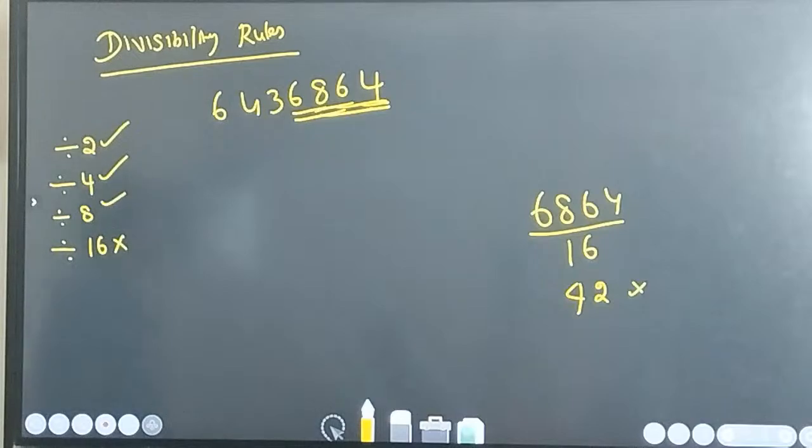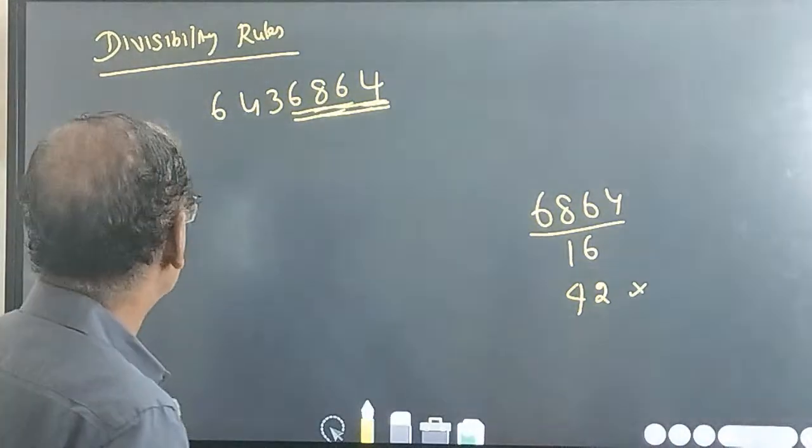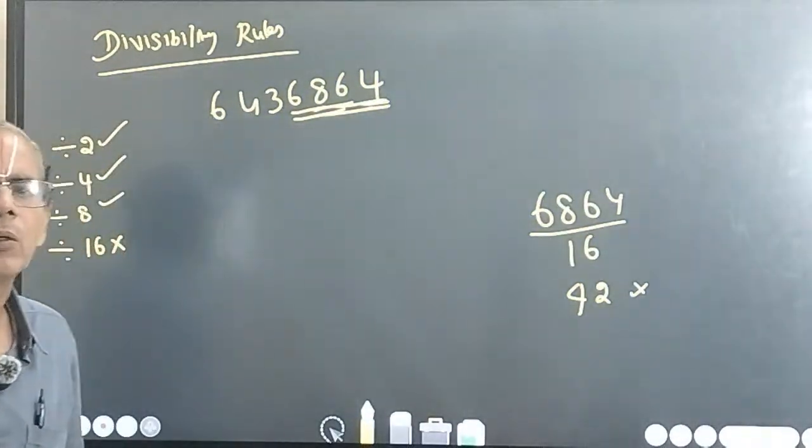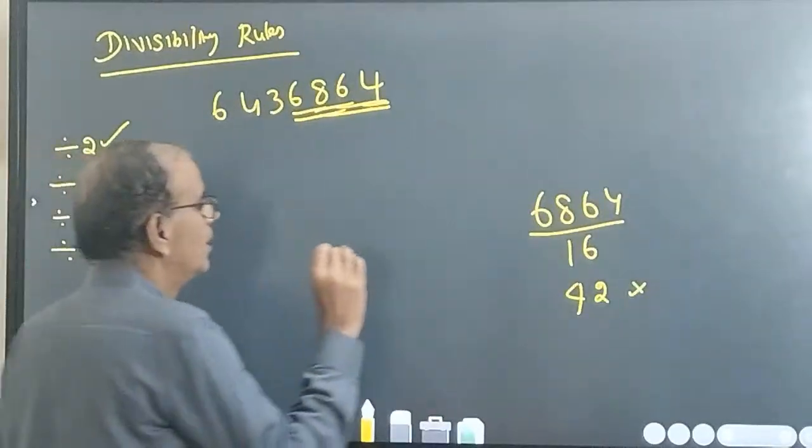So this number is divisible by 2, this number is divisible by 4, this number is divisible by 8. ரெண்டாம் நம்பருக்கு ஒரே ஒரு டிஜிட் பார்க்கணும், நாலாம் நம்பருக்கு வந்து 2 டிஜிட் பார்க்கணும், எட்டாம் நம்பருக்கு 3 பார்க்கணும், 16க்கு 4 பார்க்கணும், 32க்கு எவ்வளவு பார்க்கணும், 5 பார்த்தா போகணும்.